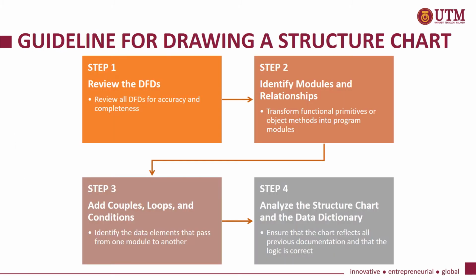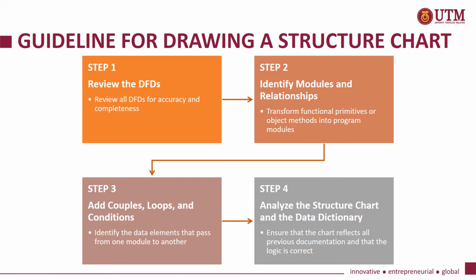This slide shows the guideline for drawing a structured chart. As you can see here, there are 4 steps that you can follow when you create or draw a structured chart. Firstly, you review the DFDs and object models to identify the processes and methods.